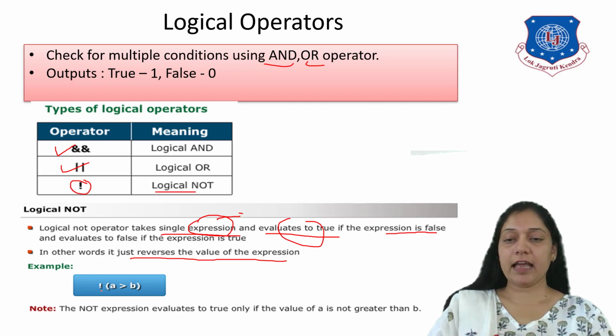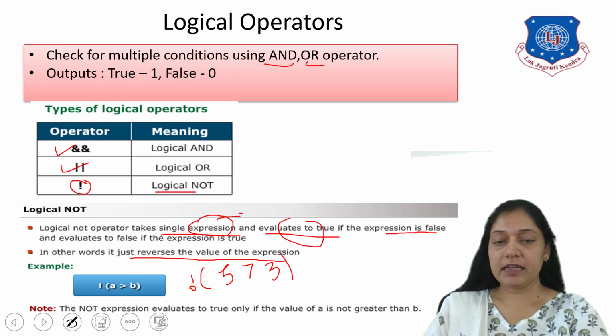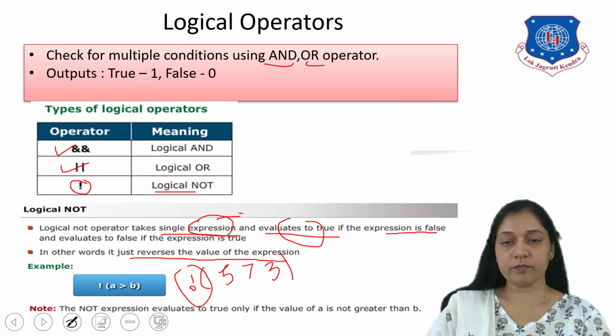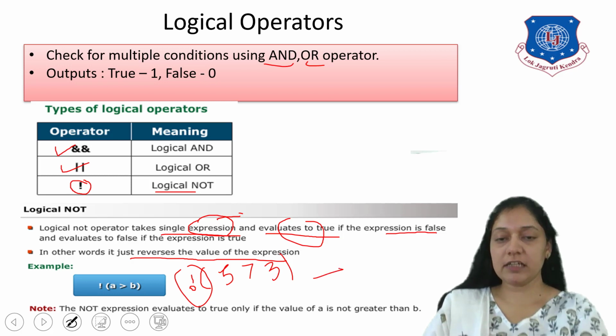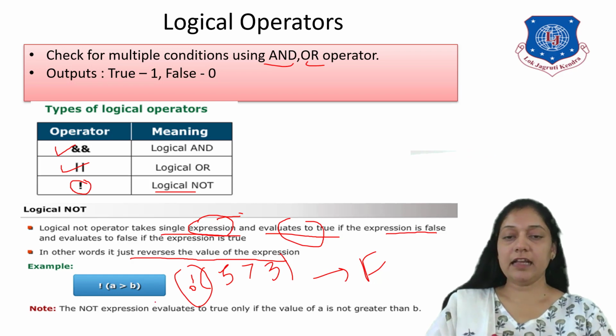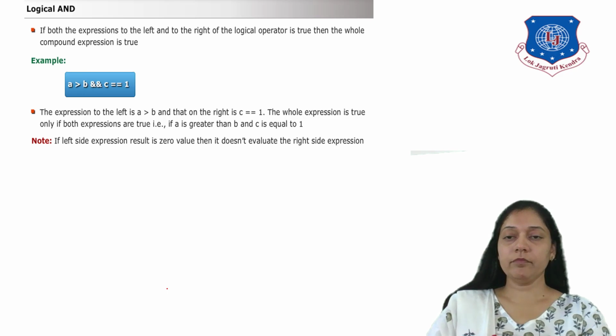Say for example, if I have here an exclamation mark, that is my logical NOT operator, and then I have a condition a greater than b. Suppose the value of a is equal to 5 and the value of b is equal to 3, that is 5 greater than 3. So the answer is true. Since I have used a logical NOT, the output becomes false, the inverse or reverse value of the expression.